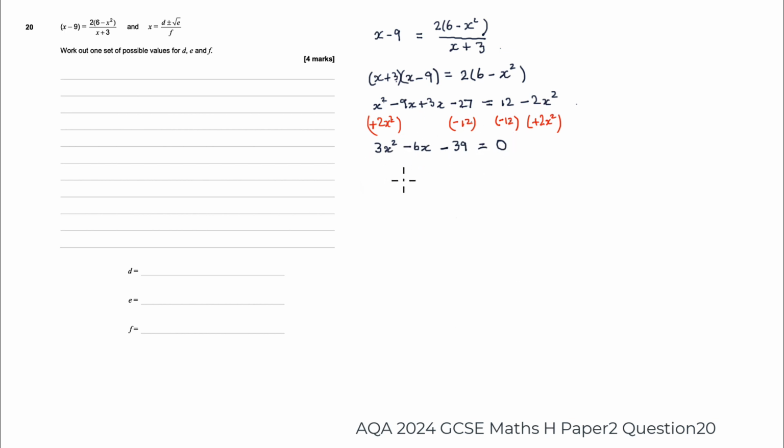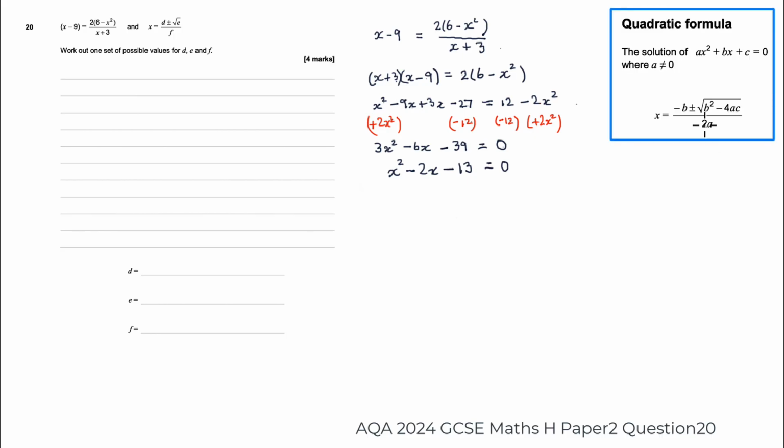So everything on the left hand side gets divided by 3. 3 into 39 goes 13. And dividing 0 by 3 just gives us 0. So they're smaller numbers, more manageable numbers. Now on your formula sheet, you do have the quadratic formula given to you.